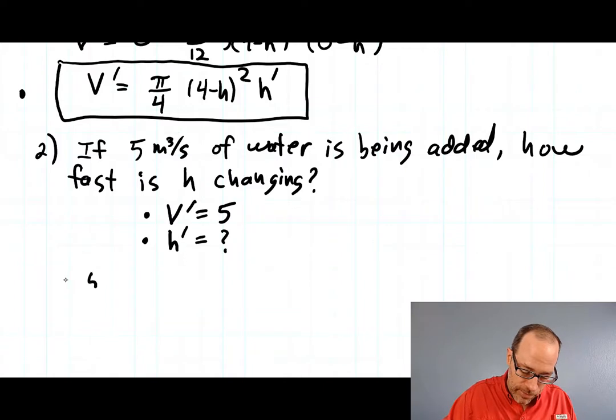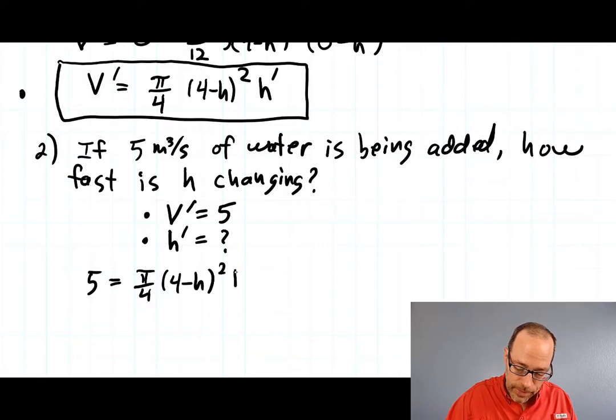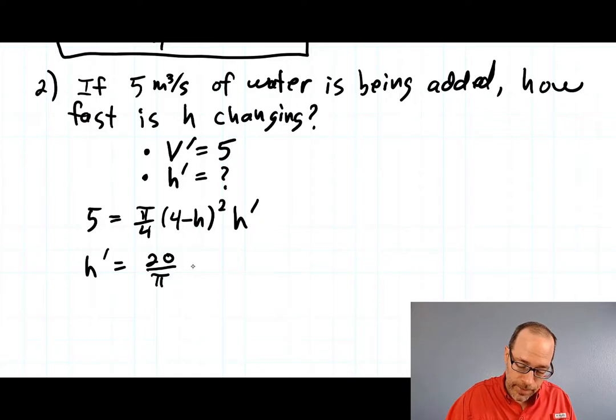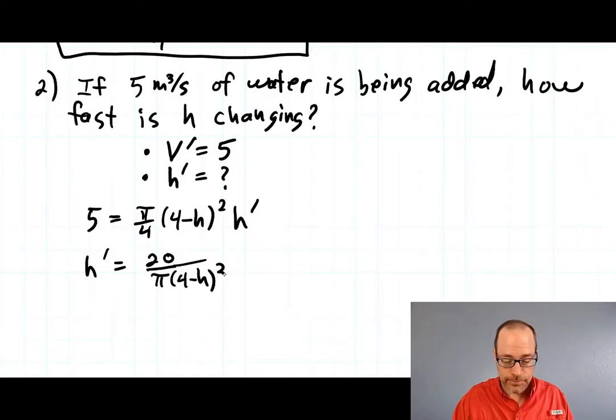So we'd have 5 is equal to pi over 4 times (4 minus H) squared times H prime. So that's easy to solve for H prime. We would get 20 divided by pi times (4 minus H) squared. All right, so that's the answer.